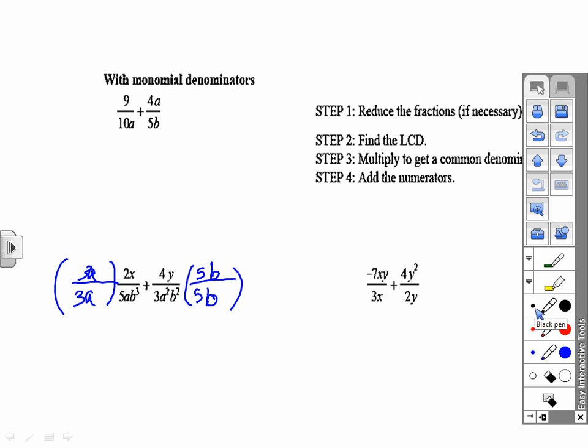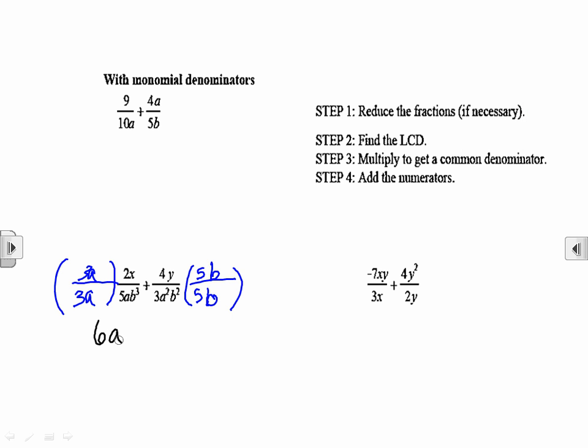So that gives me 6ax over 15a squared b cubed plus 20y b over 15a squared b cubed.